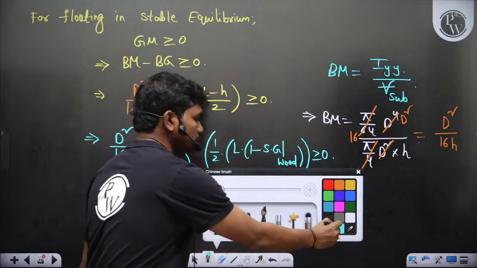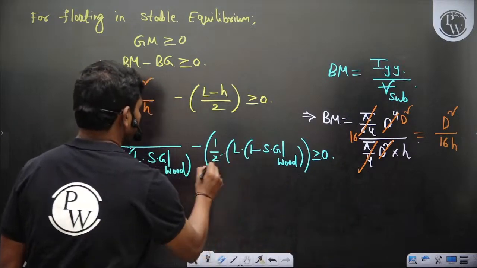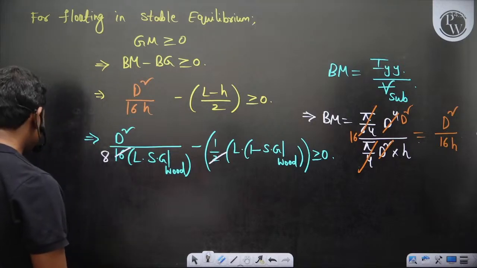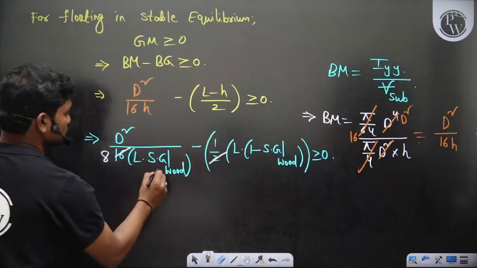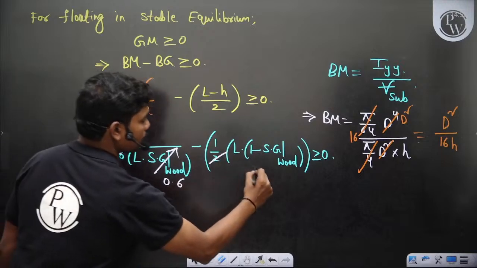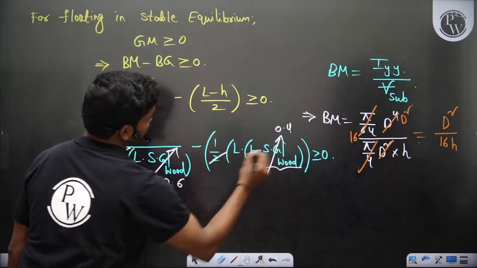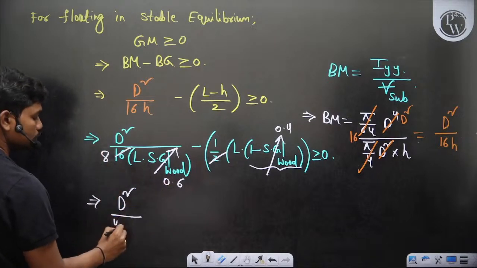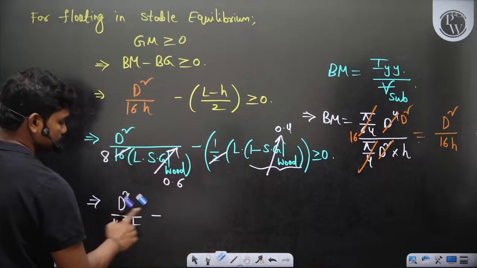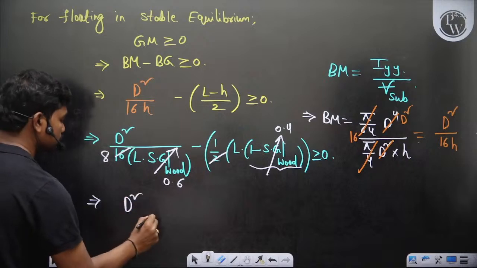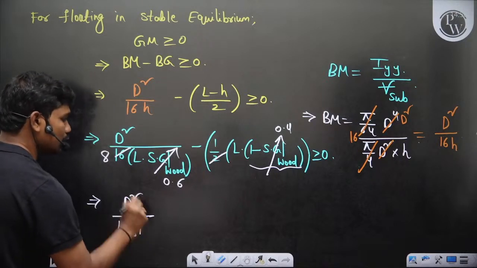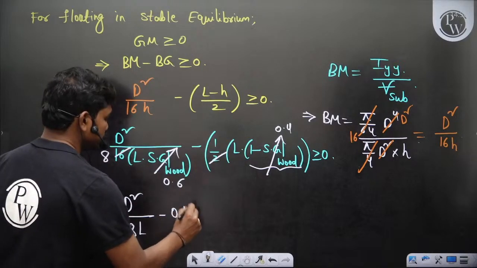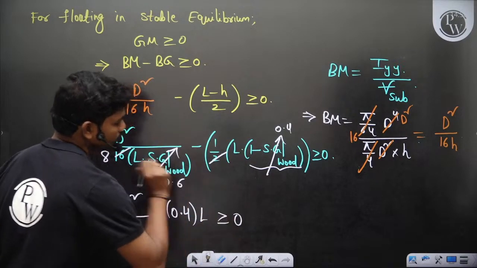If you simplify certain things, cancelling the 8, then what is the specific gravity of the wood? Wood specific gravity is 0.6, so 1 minus specific gravity is 0.4. So in this equation, d square by 4.8 into L minus L into 0.4, that is 0.4 times L, should be greater than or equal to 0.